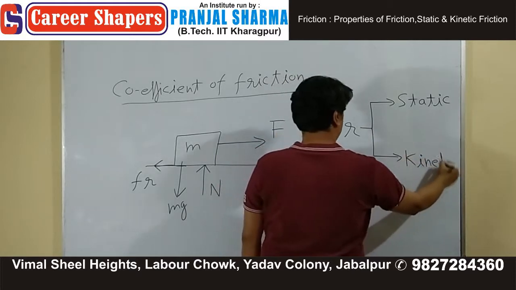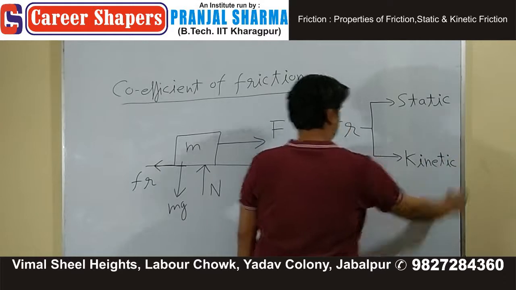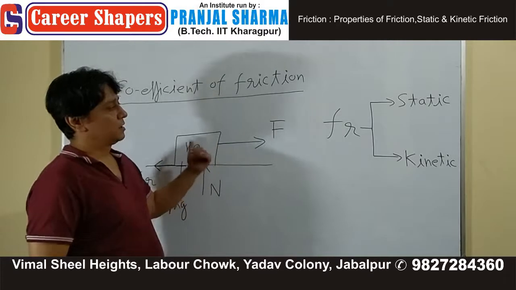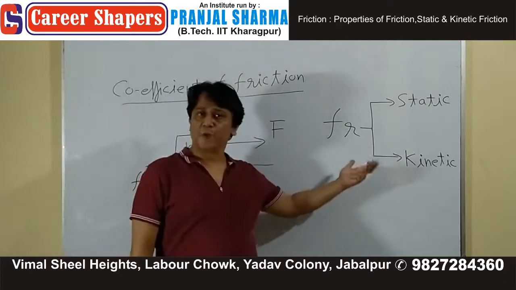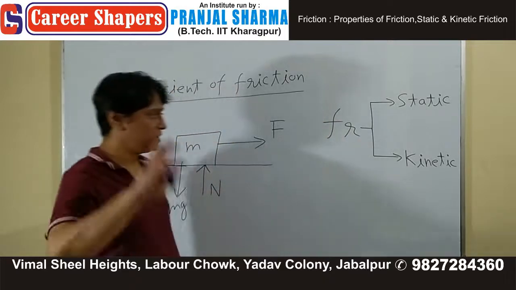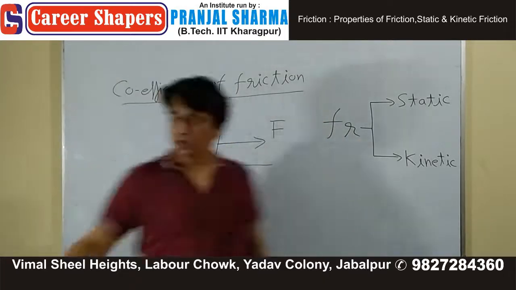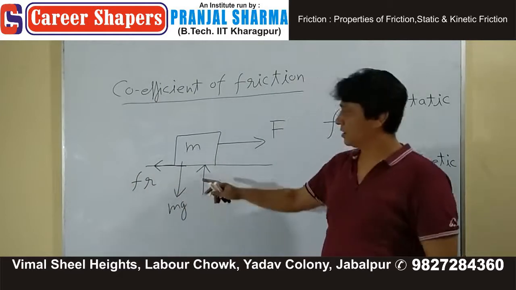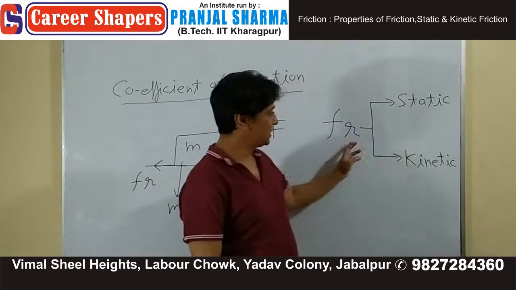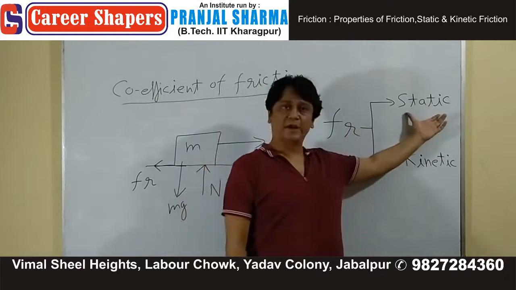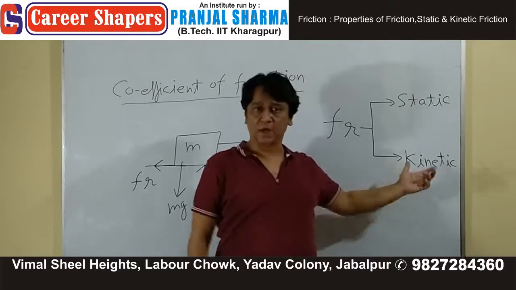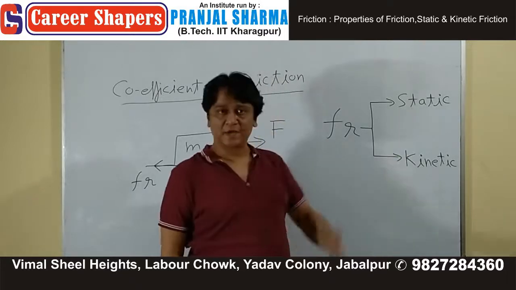It is very easy, don't worry, everything will be clear once we start using numerical values. If anyone has any doubt, that will also be cleared. The friction which you are applying has two characteristics. You explain it when things are in static mode and when things are in kinetic mode. What is static and kinetic?